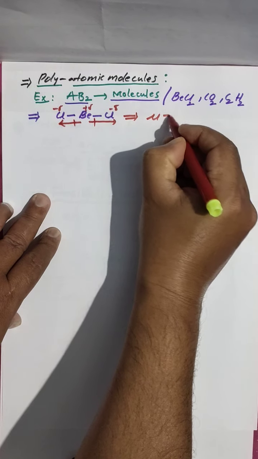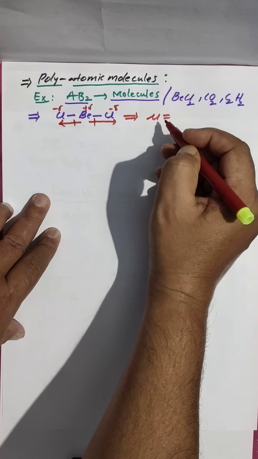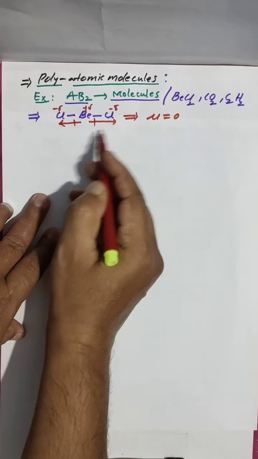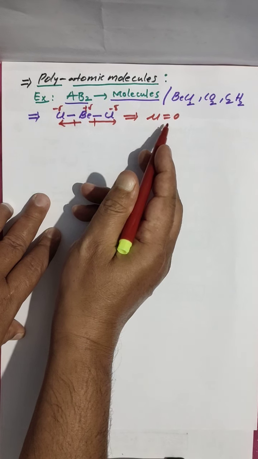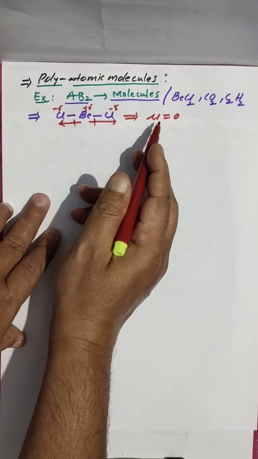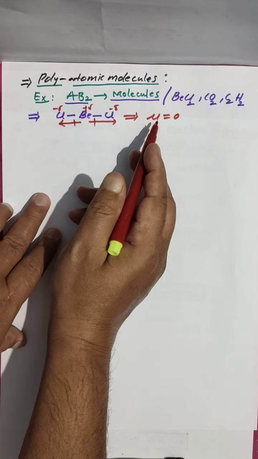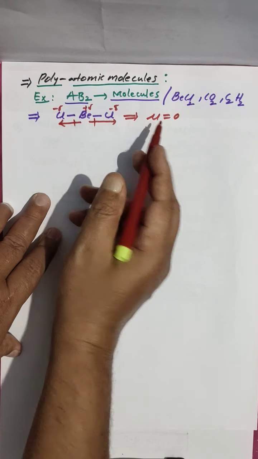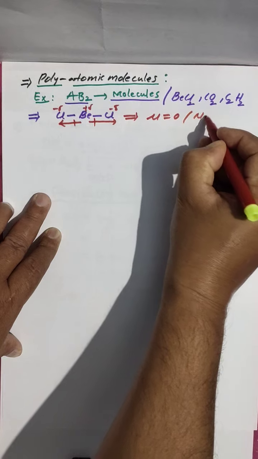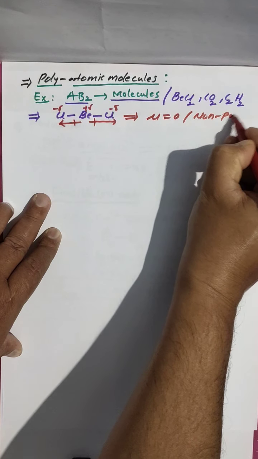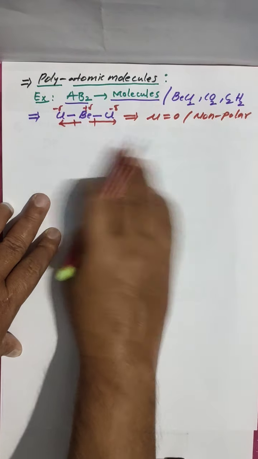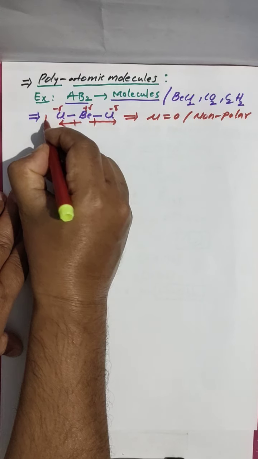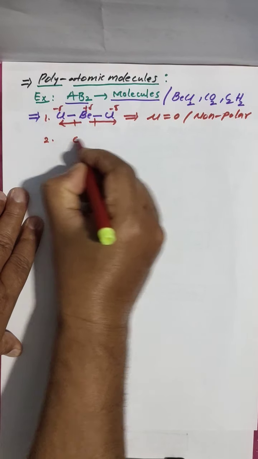Then the net dipole moment is equal to 0. If the dipole moment is 0, then we call it completely non-polar. Polarity is not there. Same for carbon dioxide, which I already gave previously.